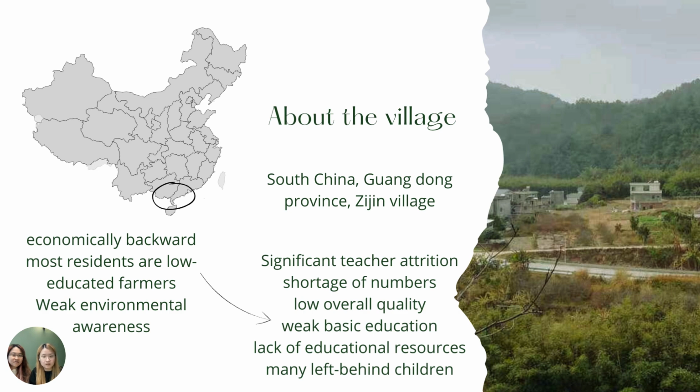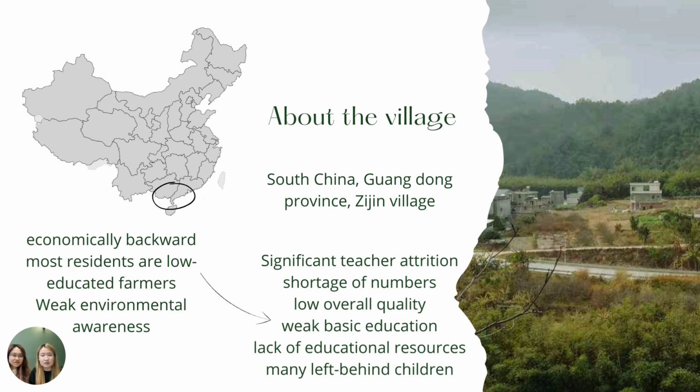And compounding these difficulties is the issue of significant teacher attrition within the village's educational system. And the shortage of qualified teachers has resulted in the lack of sufficient numbers to cater to the educational needs of the community.